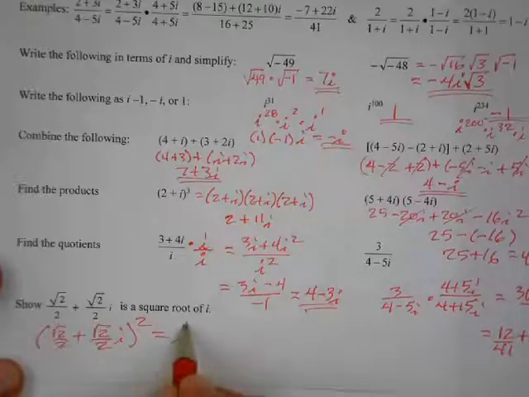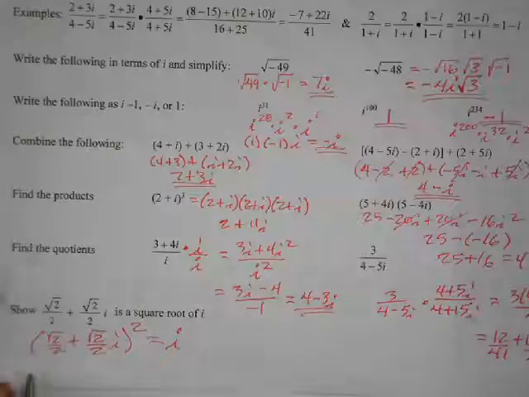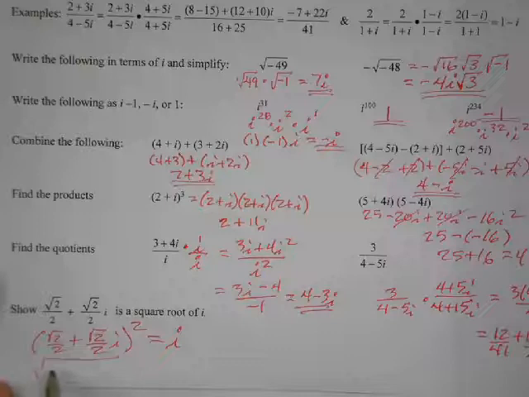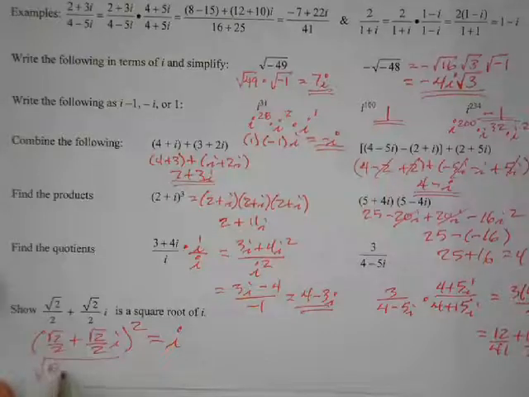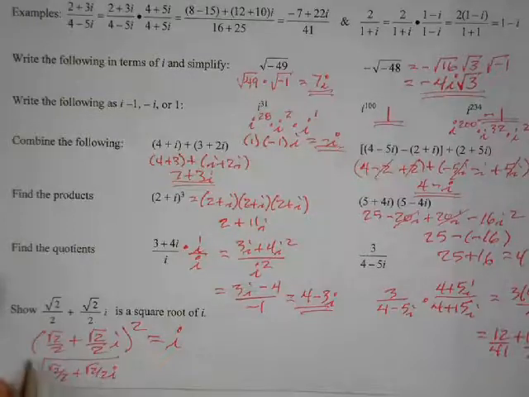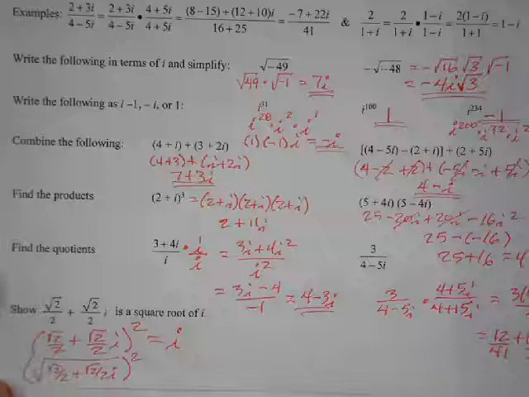Because when I'm saying it's a square root, what I'm saying is if I take a square root of this whole thing, and then of course I square it, I should get back whatever it says I'm supposed to get back. All right, so let's check this one out real quick. I'm going to do it on a separate piece of paper.